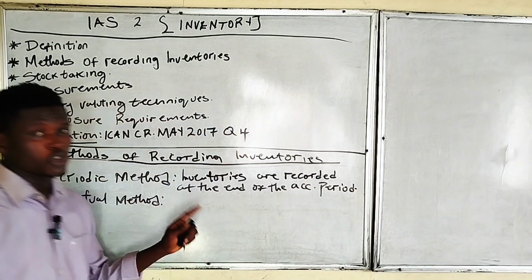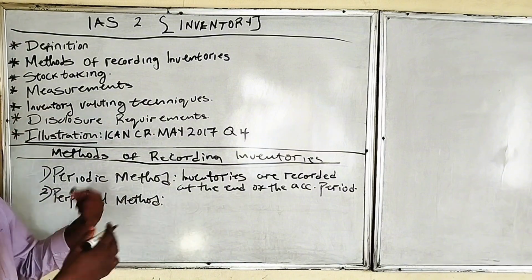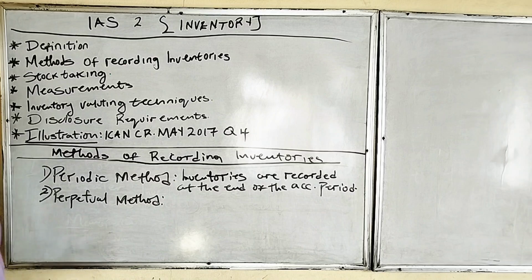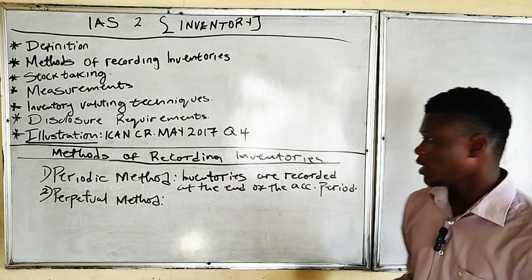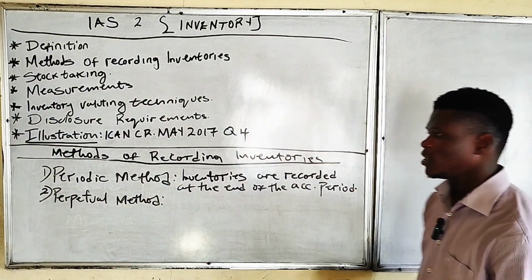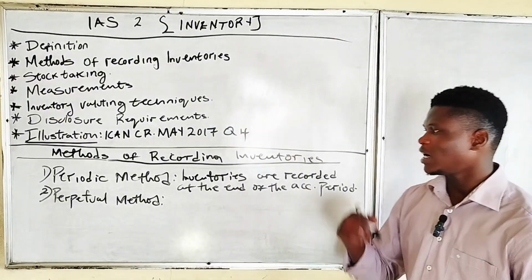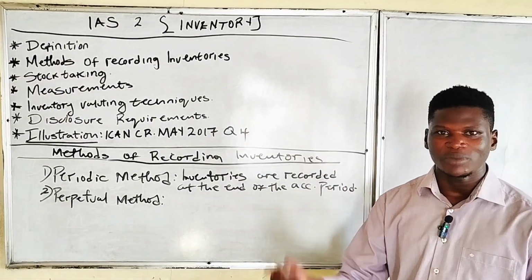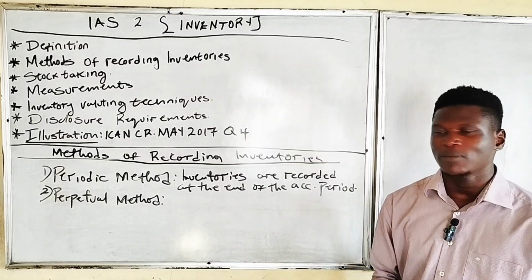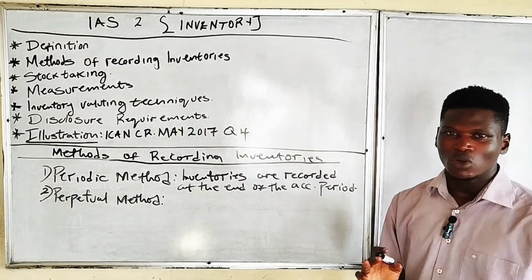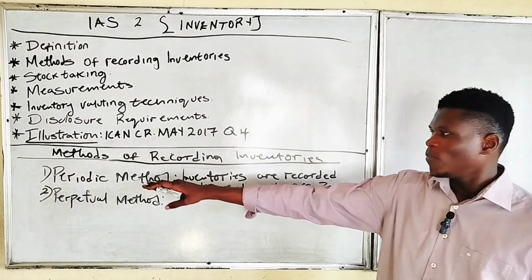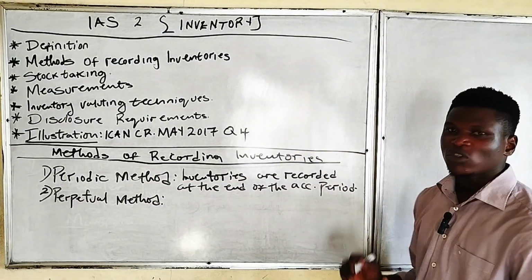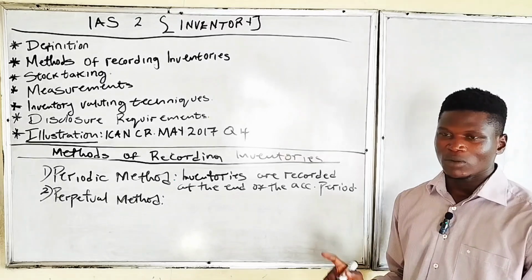We'll take a brief example to illustrate this so that we can understand better. On the other hand, for the perpetual method, inventories are recognized at every point in time, meaning that it is a constant updating of items. As we are purchasing them or as we are producing more, we recognize inventory, while the periodic method records inventory only at the end of an accounting period.